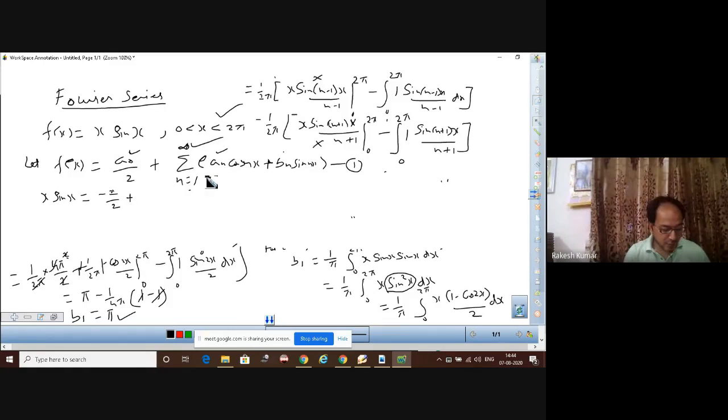The value of a1 was minus 1/2 and cos x for n equal to 1, and for n equal to 2 to infinity, the value comes out to be 1 over n square minus 1 into cos nx, and that was a 2 over, not 1 over.